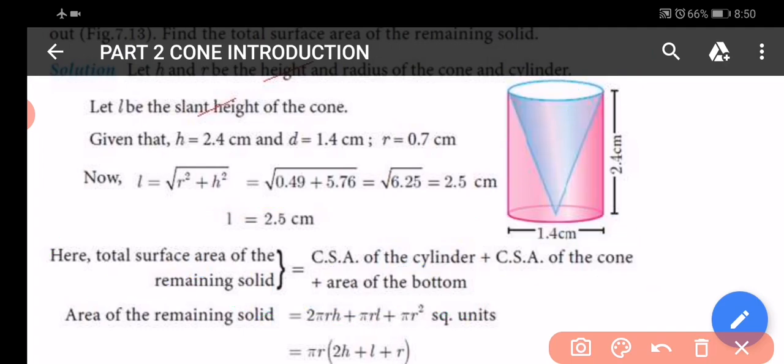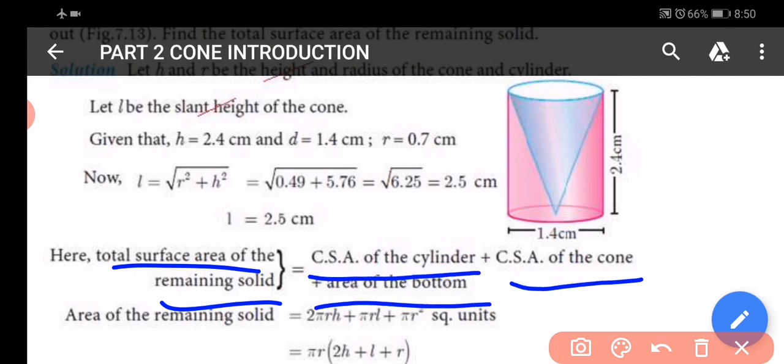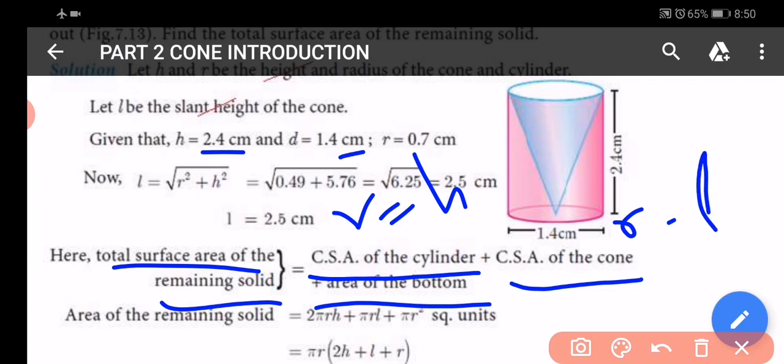So total surface area of the remaining solid equal to curved surface area of cylinder plus curved surface area of the cone plus area of the base. In the curved surface area of the cylinder we need r and h, they are given in the problem, and for the curved surface area of cone we need r and l. The radius is the same for the cylinder and cone.